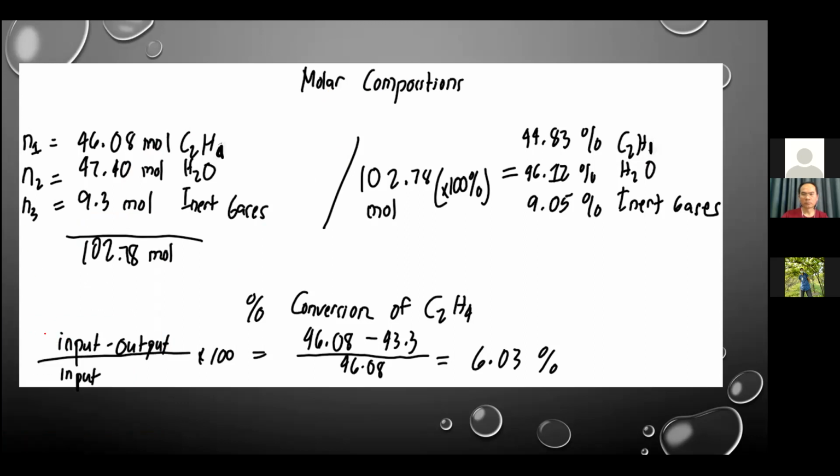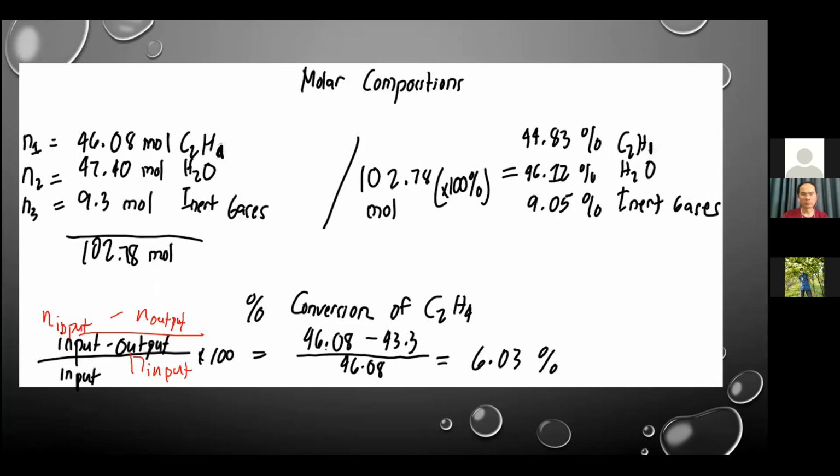We just need to know the molar fraction of the input of ethylene minus the molar fraction of the output of ethylene over the input of the ethylene again.